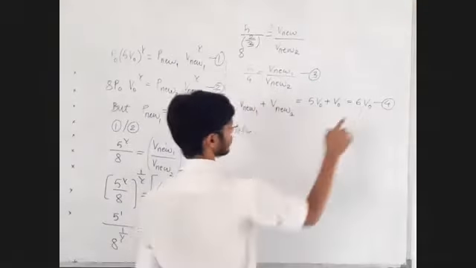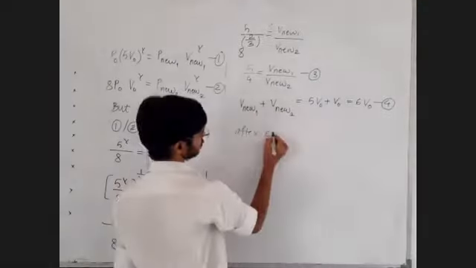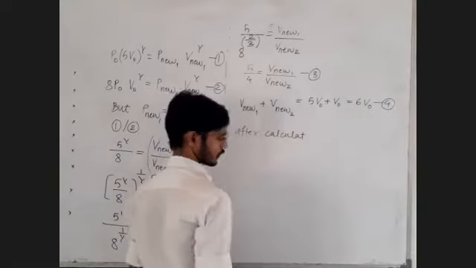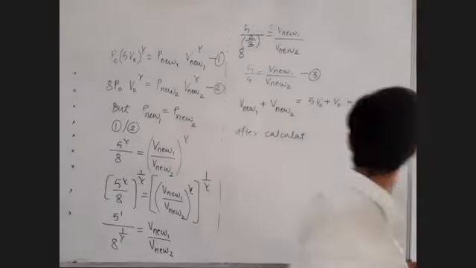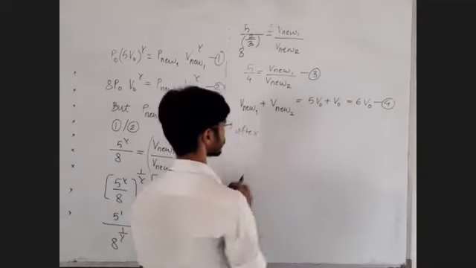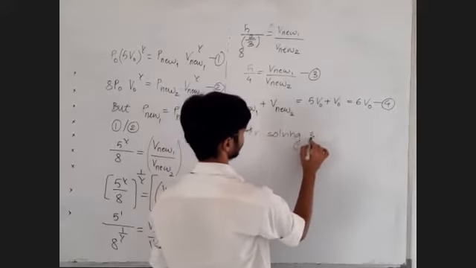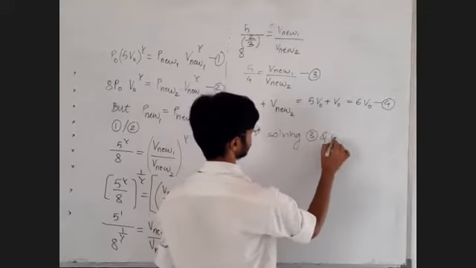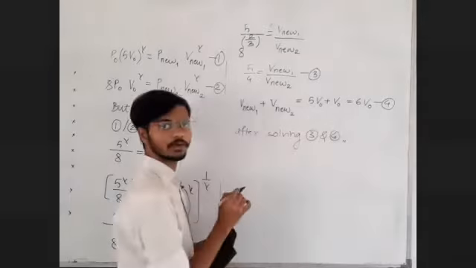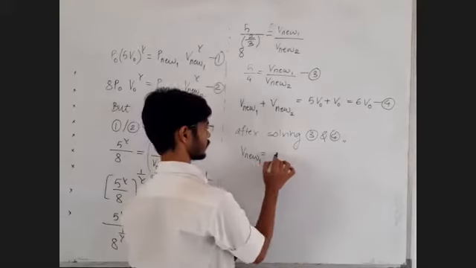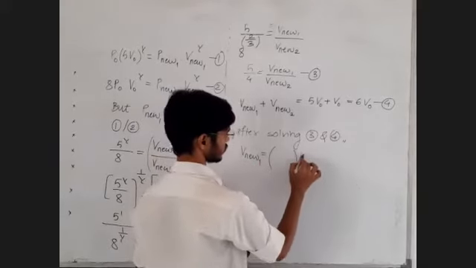Tell me the value in terms of V0. After solving equation 3 and 4 simultaneously, V new 1 is equal to how many times V0?